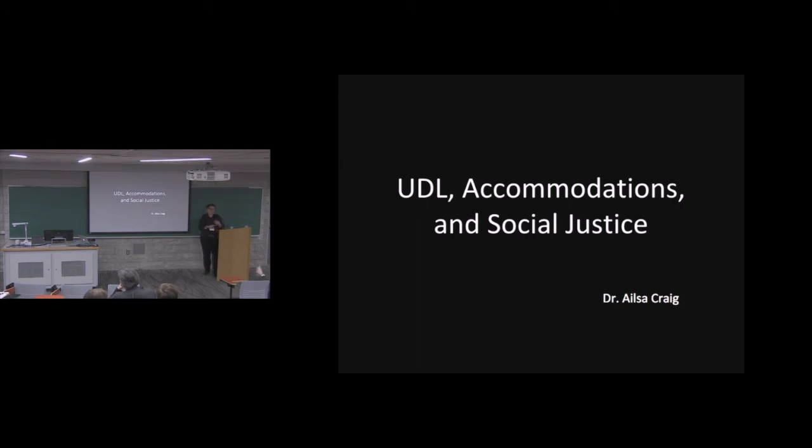So in order to do this, I'd like to give us a chance to engage in our own process of transformative learning in hopes that it can help us with critically reflecting on the material and the ideas that Jason and Gabrielle have presented on UDL in a way that might result in a change in our own perspectives that could lead to a change in what we do as teachers.